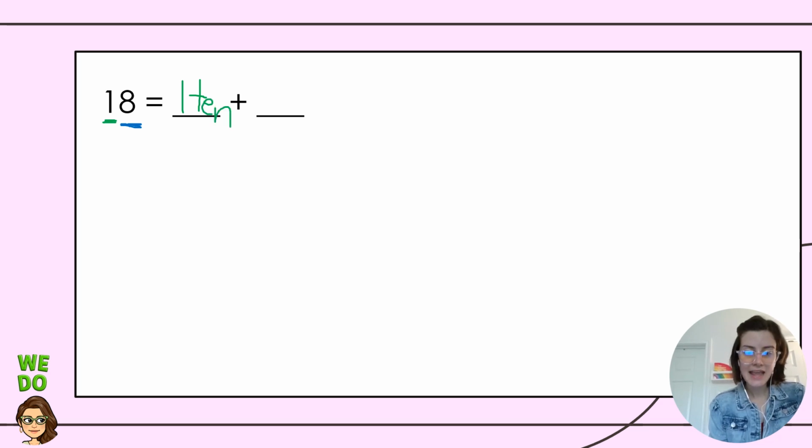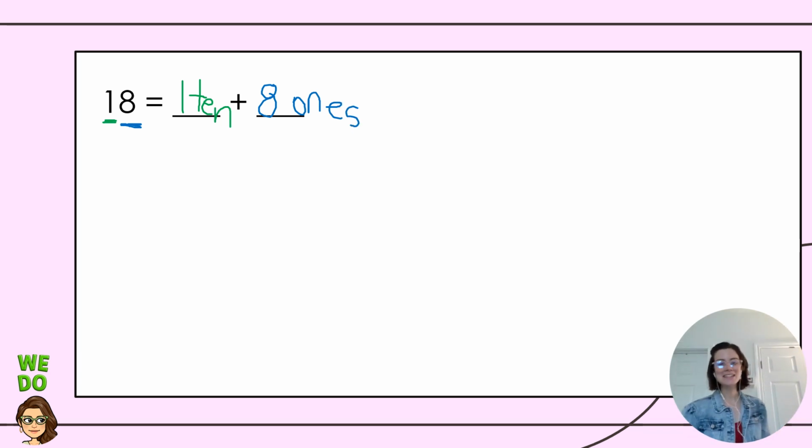And then there is an 8 in my ones place, which equals 8 ones. So 18 equals 1 ten plus 8 ones. Go ahead and have 18 equals 1 ten plus 8 ones on your board. You can pause this recording, press play when you're ready to continue.